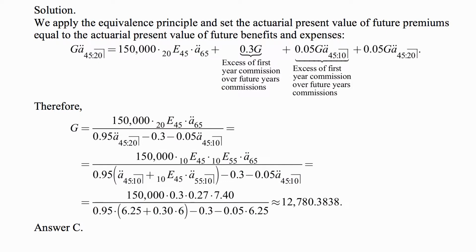So we use the equivalence principle and set the actuarial present value of future premiums equal to the actuarial present value of future benefits and expenses at policy inception at time 0.